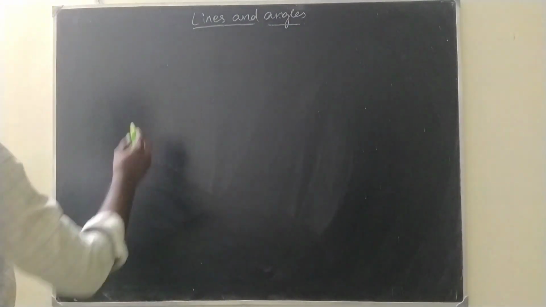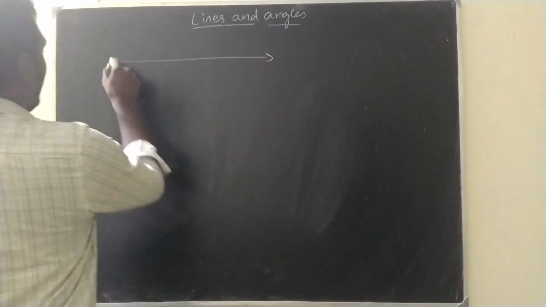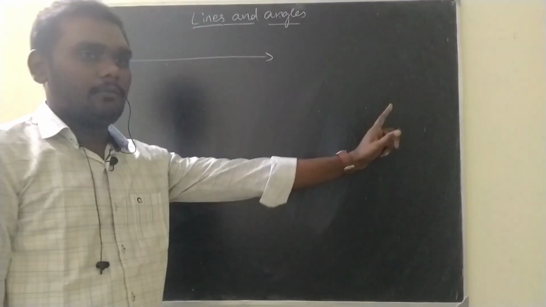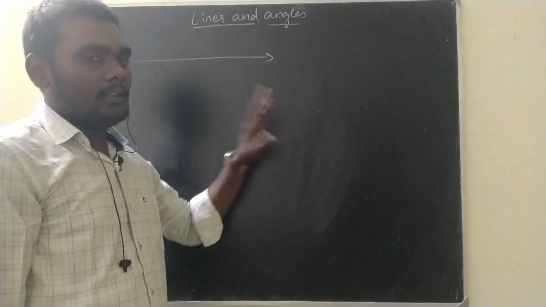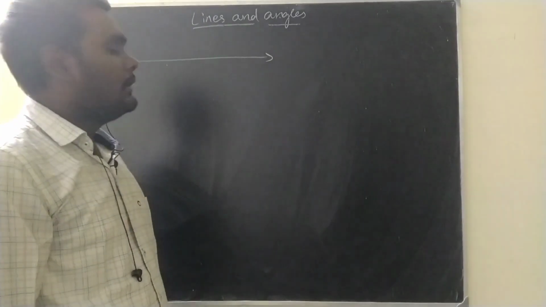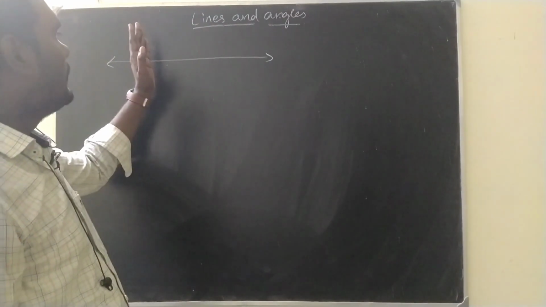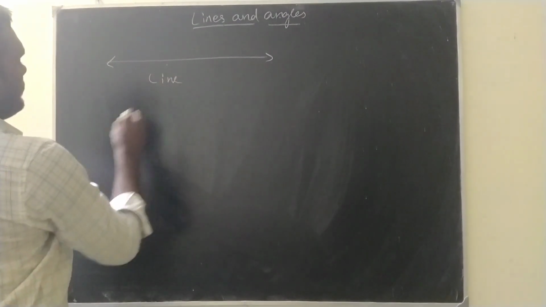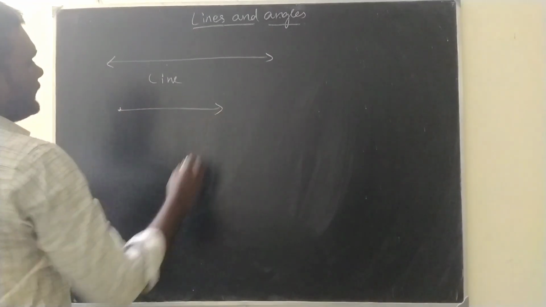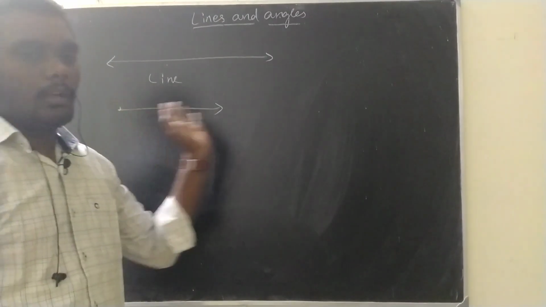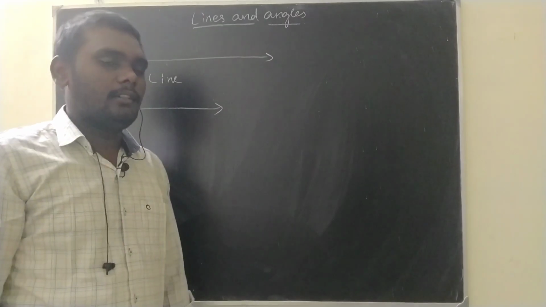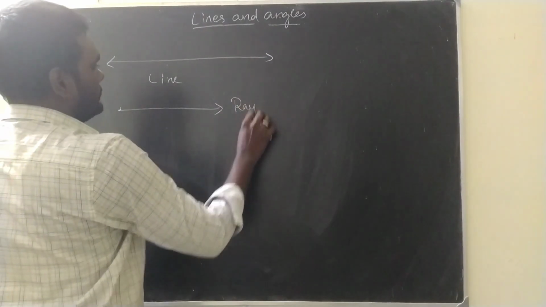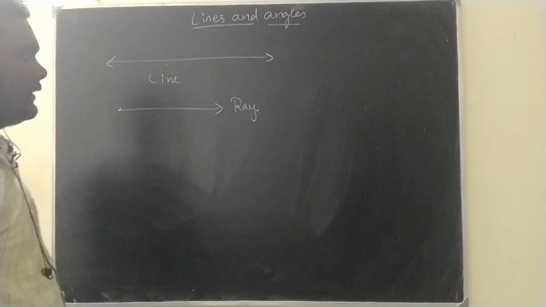So line means endlessly it is extending in both directions, which means a connection of points endlessly in both directions. In that, particularly, if we cut that at one point and it extends indefinitely in one direction, then in that case it is called a ray.